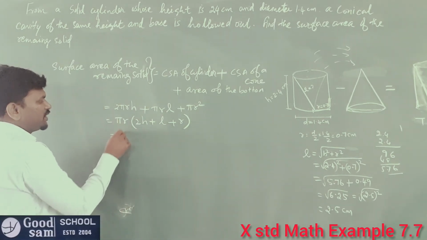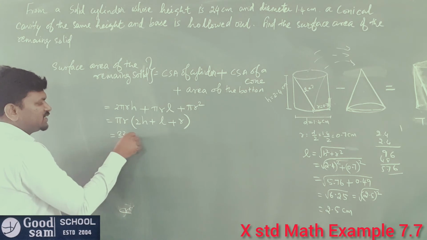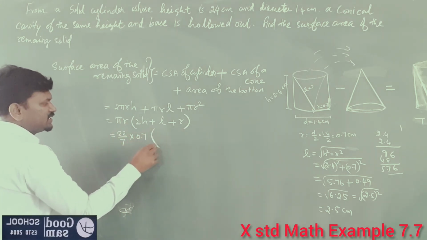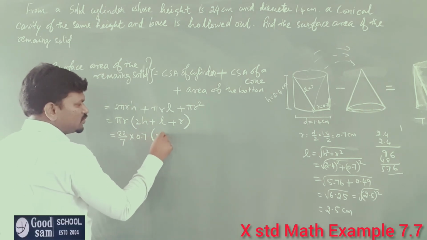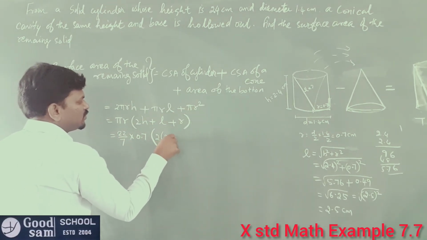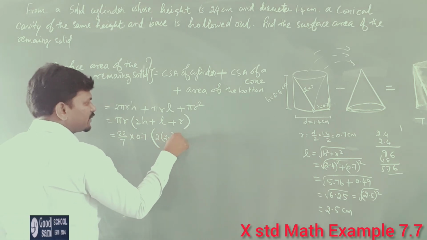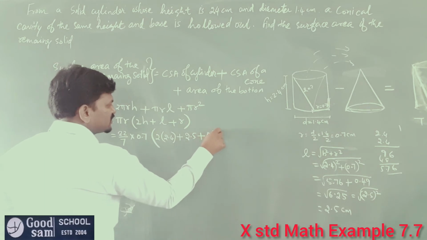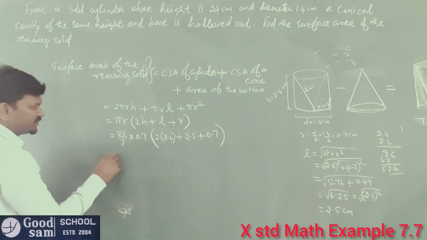So pi value 22 by 7 into r 0.7 into (2h, 2 into 2.4, plus l 2.5, plus 0.7).